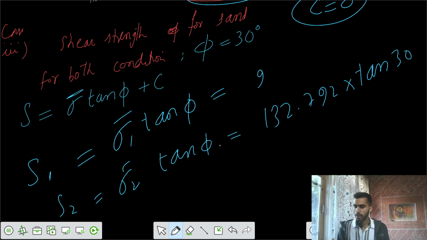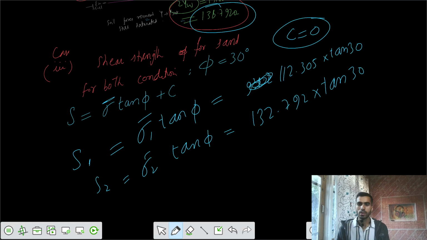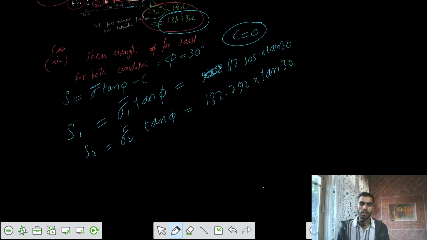That was 112.3005 kilonewton into tan 30. So you can solve that. So your strength S1, S2 in the initial case and final case are 64.8 and 78.8 kilonewton per meter square.